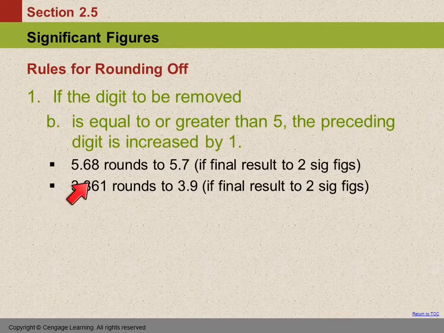So if it was 5.68 that we were rounding to 2 significant figures, it would round up, because we're getting rid of the 8. 8 is 5 or greater, so we round up. 5.68 is closer to 5.7. 3.861, if we're going to round that to 2 significant figures, we're keeping the ones place and the tenths, and we're going to get rid of the 6. That would also round up. This 1 doesn't matter at all.